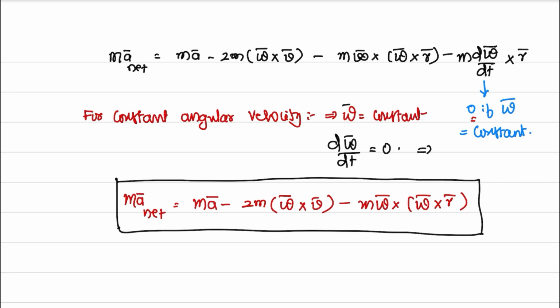Another important thing to be noted: in a rigid body, I have already explained in the first lecture, the distance between the particles does not change until and unless the impact of the external force is very high. Under normal conditions, the distance between particles does not change.